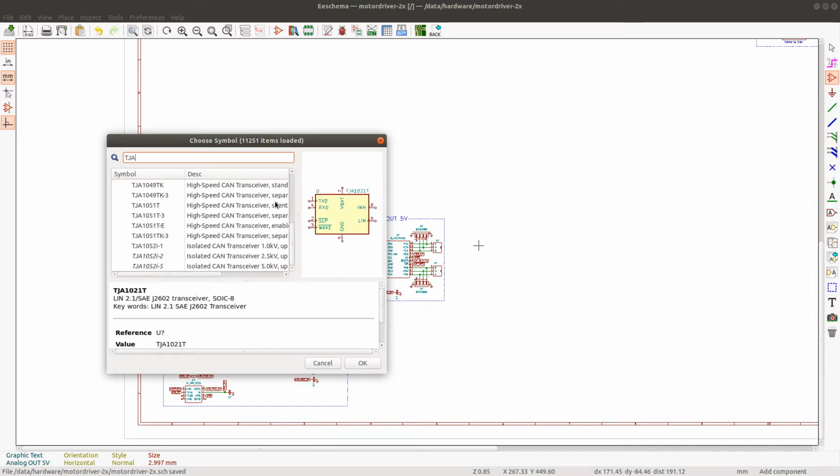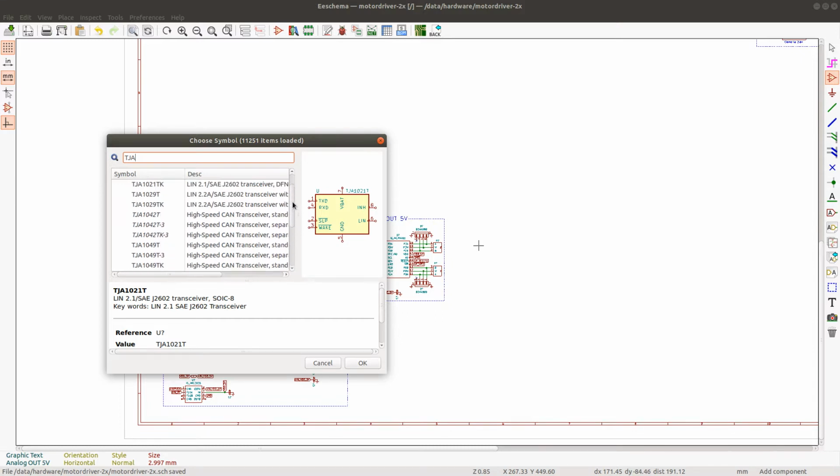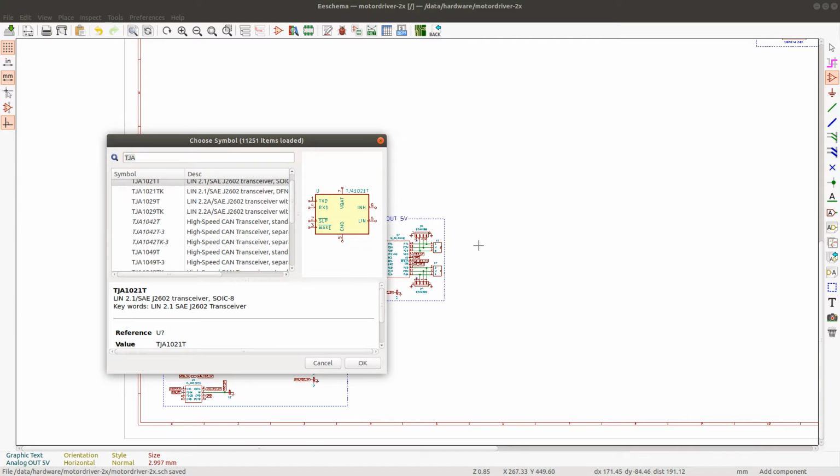Let's see, where is it? Let's find the exact model.